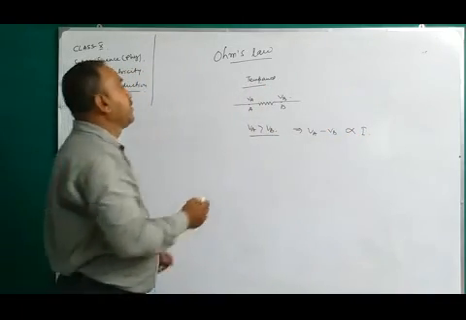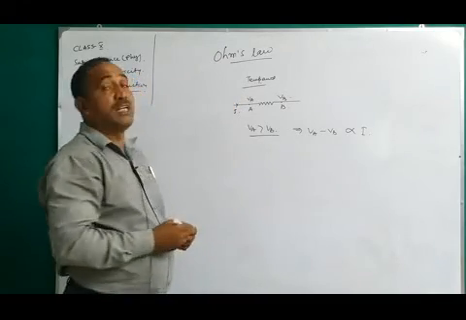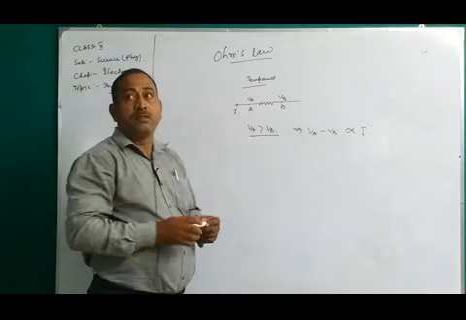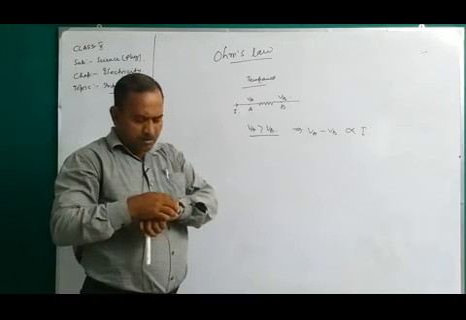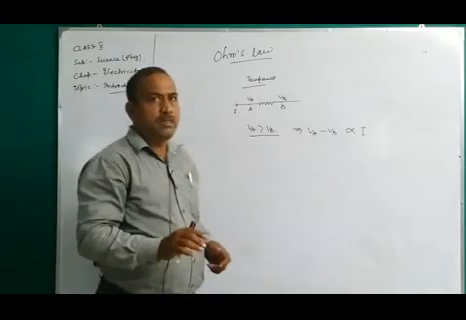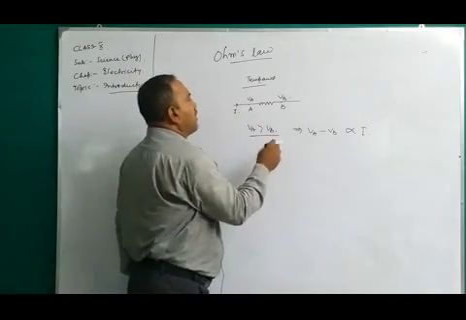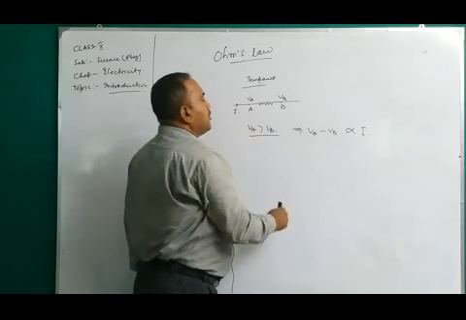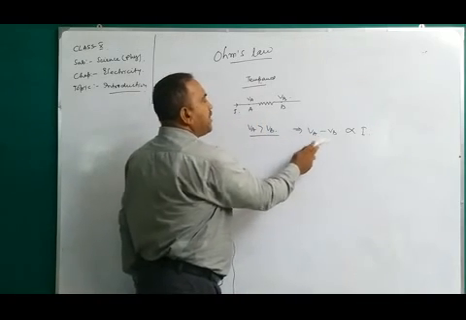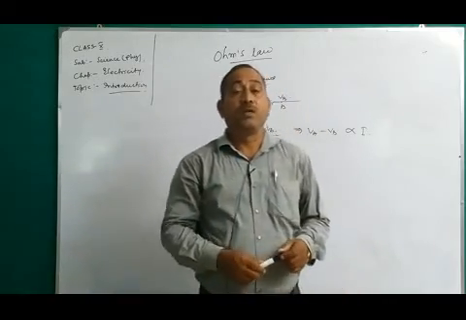Again I repeat it: if the temperature and other physical conditions remain constant, then the potential difference between any 2 points, VA minus VB, is directly proportional to the strength of current passing through the conductor.